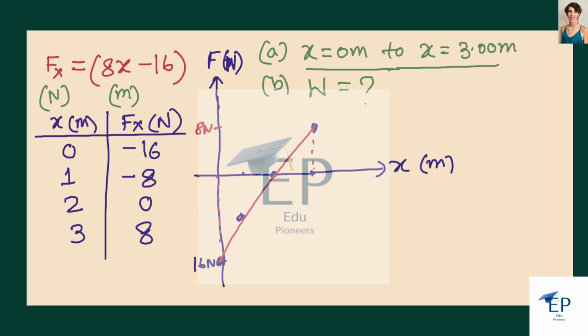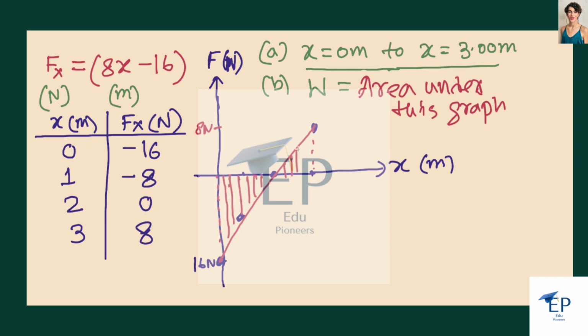So net work done is the area under this graph. Area under this graph means this part plus this part. So what is the area of this part of the graph?